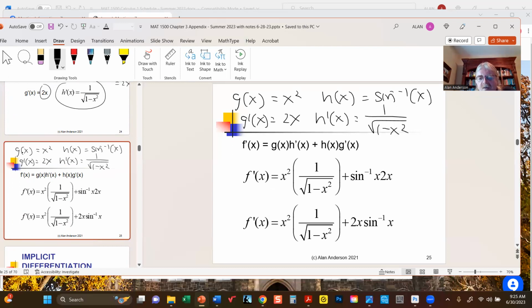And then here's the product rule, so we can just substitute. We have g of x, h prime of x from the table, the original function h of x, g prime of x. Now something like this, there isn't a whole lot you can really do with it. I mean, you can just leave it like this. There's no way you can realistically simplify it.